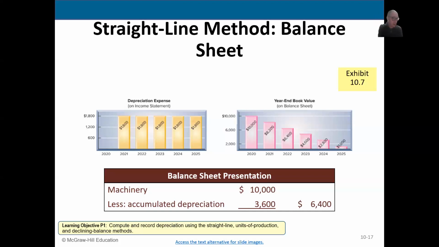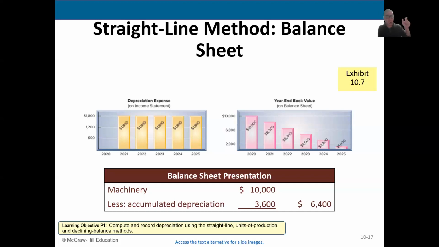Started at $10,000, that was our cost, and at 21, it's worth $8,200, and at 22, $6,400, and so on. It goes down by $1,800 every year until it reaches the end of its useful life in 2025. Here you see a balance of $1,000. Why is that? Because the $1,000 is the salvage value.